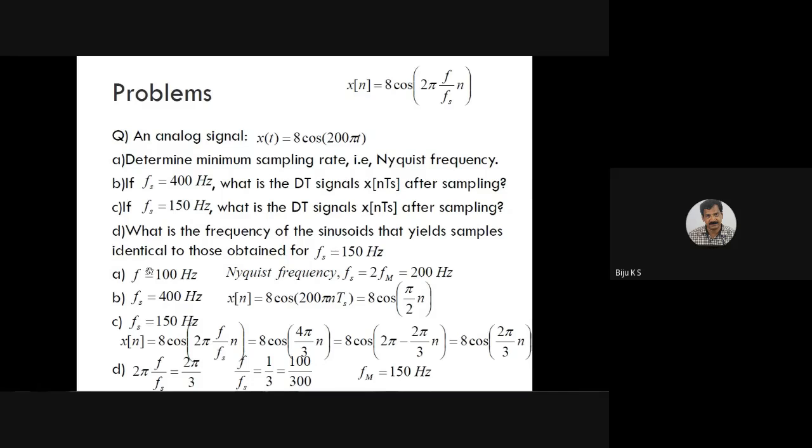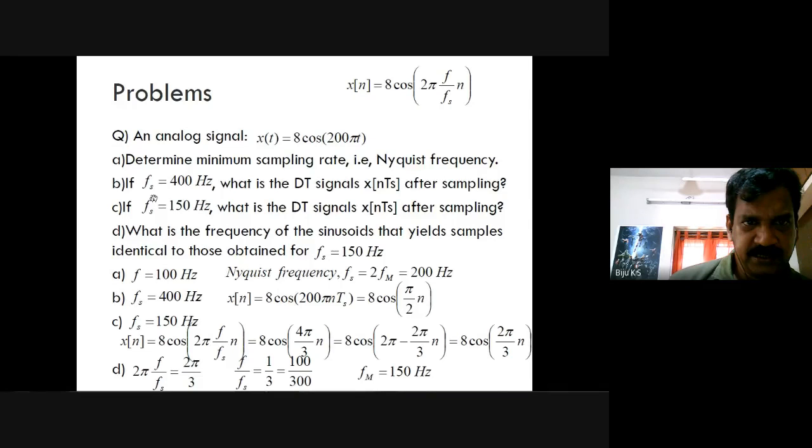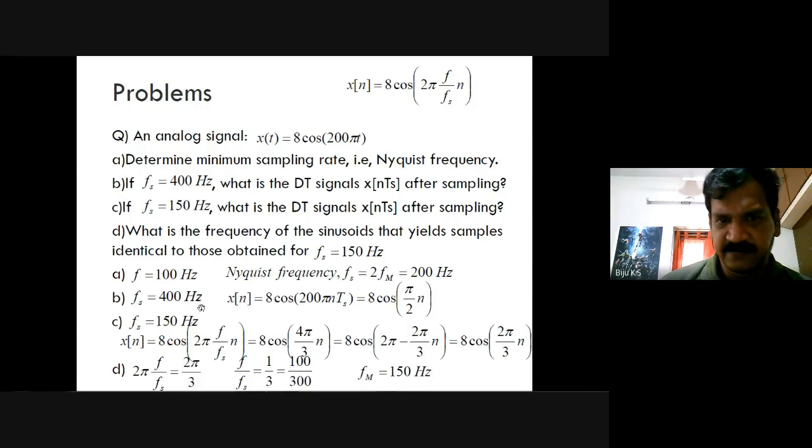Next, part B: if fs is 400 hertz, what happens? So fs is equal to 400 hertz, which is above the Nyquist frequency. What will be x(n)?